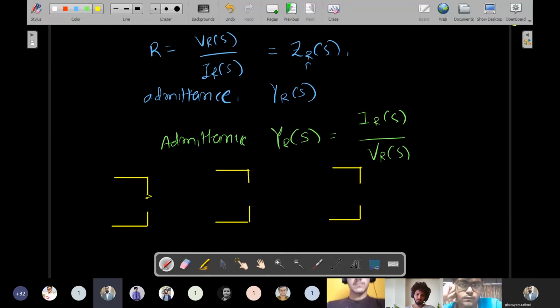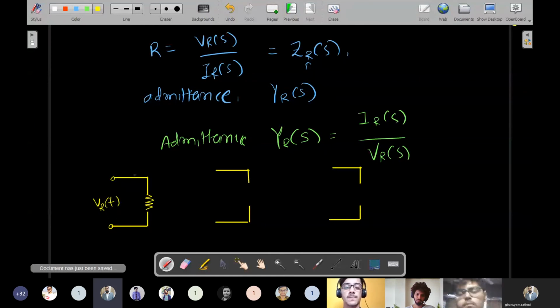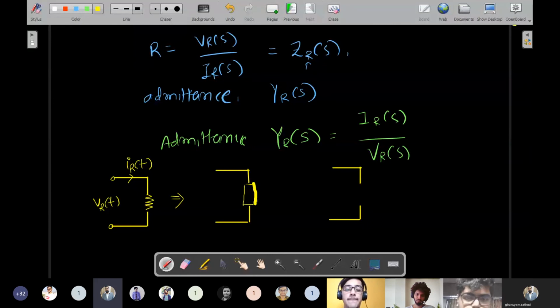Here is the resistance, and when you write for time domain, that is VR of t. This is what we have written initially, and this is the current flowing through that resistance in time domain. Now, when you convert this element into Laplace domain, we are converting it into impedance.